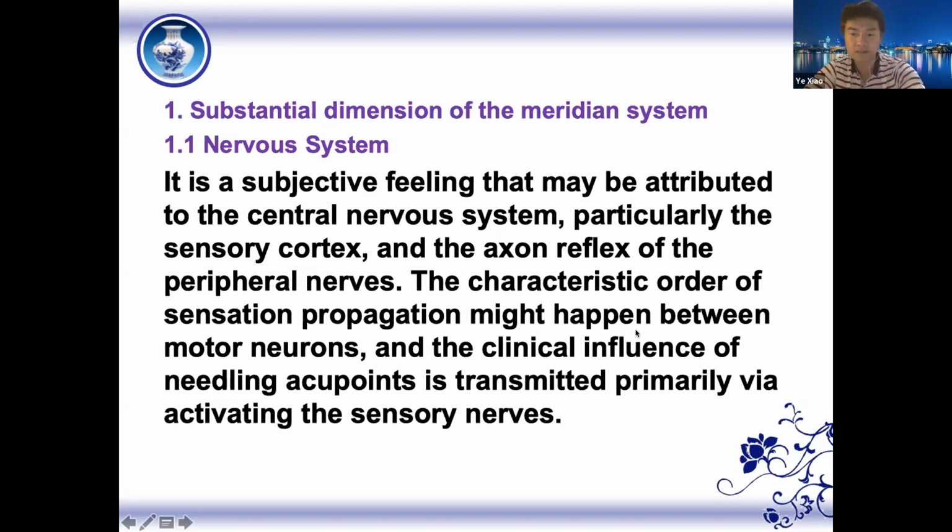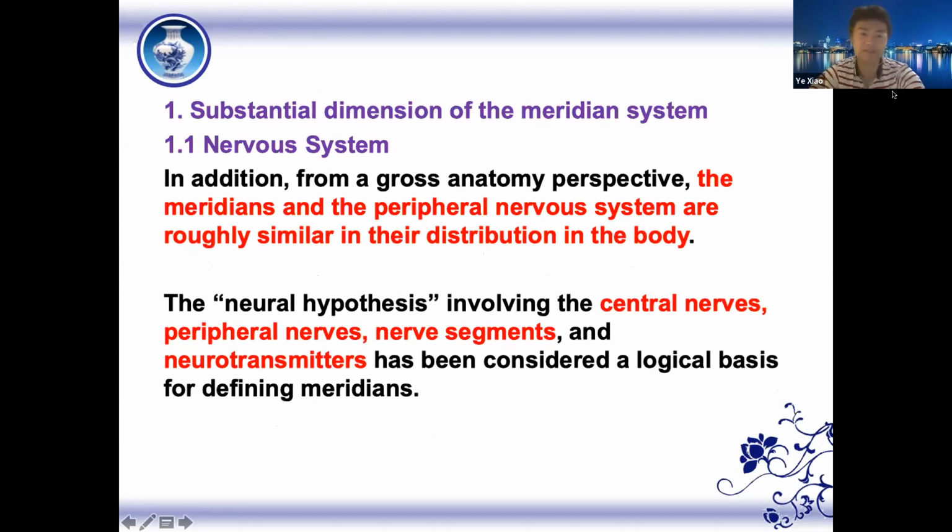The characteristic order of sensation propagation might happen between motor neurons, and the clinical influence of needling acupoints is transmitted primarily via activating the sensory nerves.